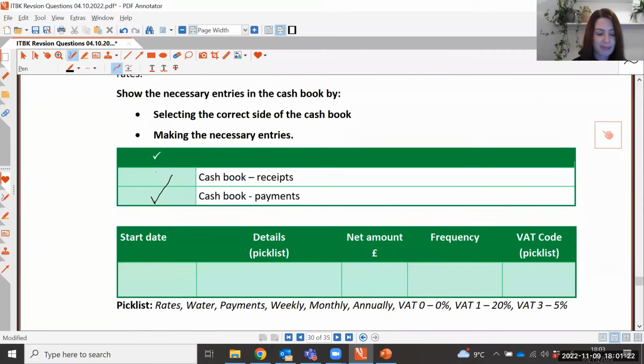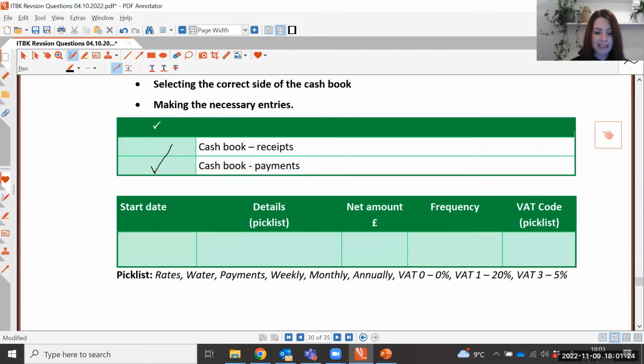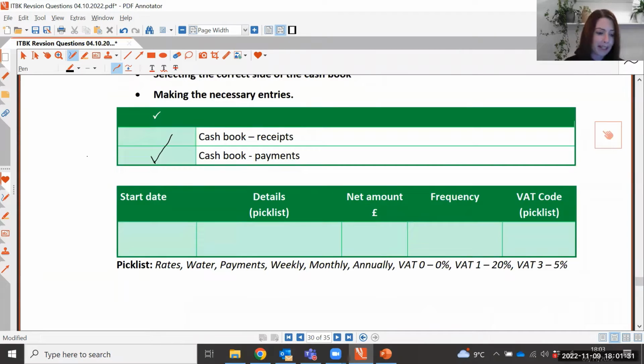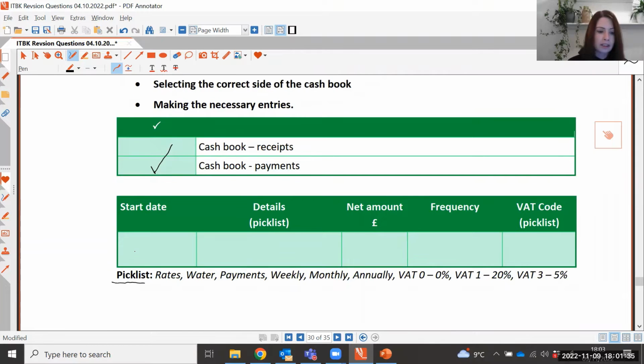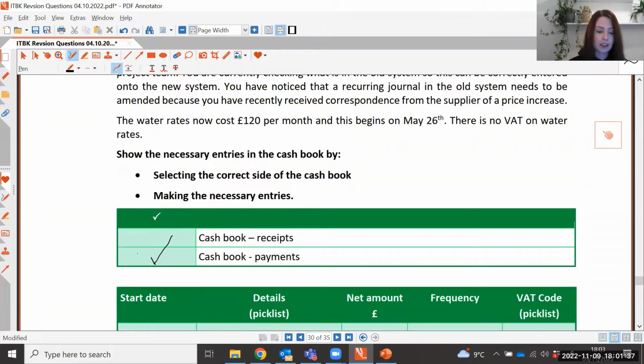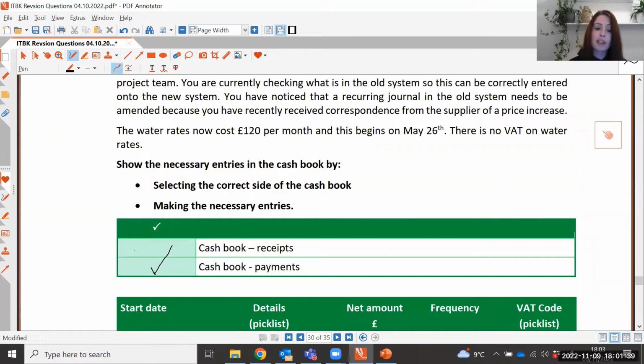Brilliant. Okay, so now we've got to enter the details of the recurring payment into the accounting software, and you can see here at the bottom that we've got a pick list that we can choose from. So looking at the information of the recurring payment, what is the start date? What will we enter here?